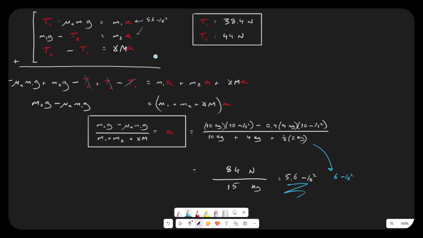Now, if I would have plugged in my 6 meters per second squared, which came from gamma being 0, effectively, or the mass being 0, to there and there, then my tension 1 would be 40 newtons, so it gets a little bit bigger, and my tension 2 would be 100 minus 60 equals 40 newtons, so that one goes down a little bit, and I get two tensions that match each other.